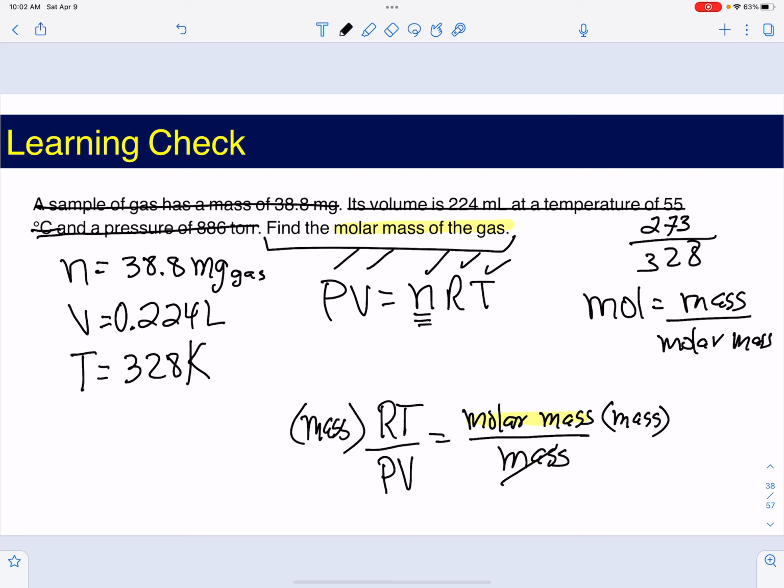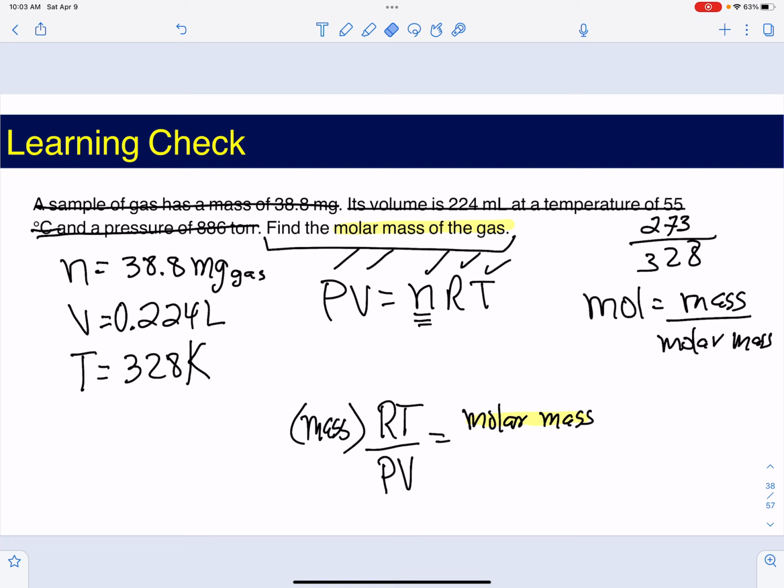That way I can cancel my mass, so I can get rid of it. And now I have exactly what I need. I did the math on it, so exactly what I need is going to be this.